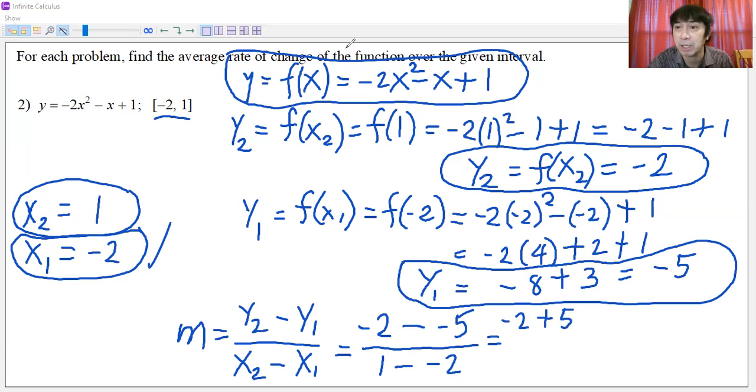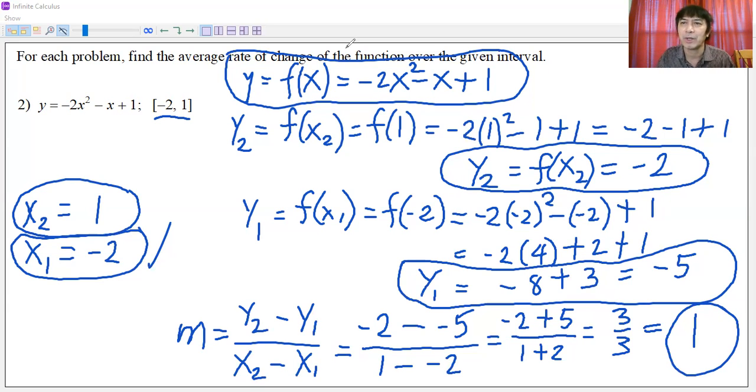You see, minus negative becomes plus. And so this is -2 plus 5 divided by 1 plus 2, and that gives us 3 over 3. A number divided by itself is equal to 1. And that's the answer. Our m is 1.